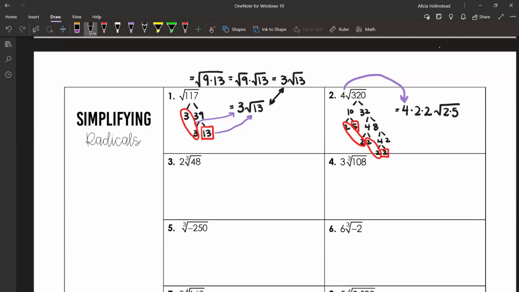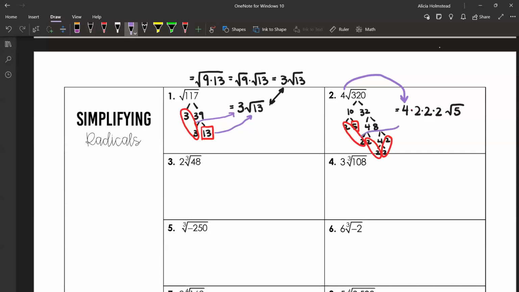You know what? I just noticed I'm missing a 2. Apologize. There's another 2 right there on an end of a branch that I missed. So we're going to need to multiply by another 2. We've actually got 3 groups of 2 and a 5 left over. So everything that gets pulled out gets multiplied.